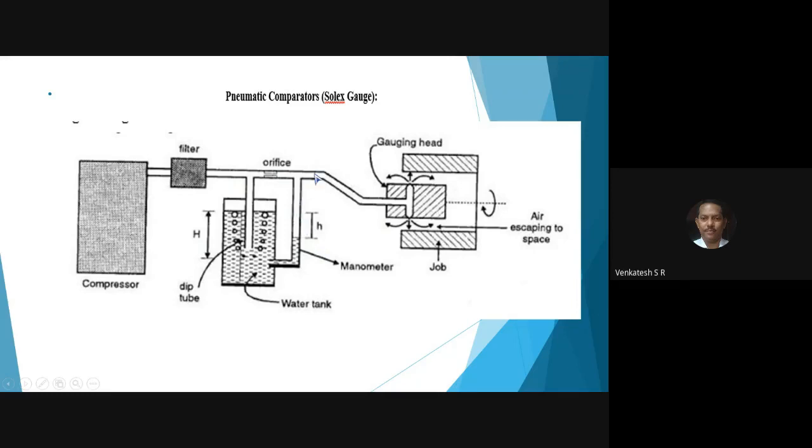Next, through the flexible pipe it is connected to the gauging head or measuring head. And this is the job. Job means liner. All of you remember, next to our college we have Perfect Alloy Components Private Limited.